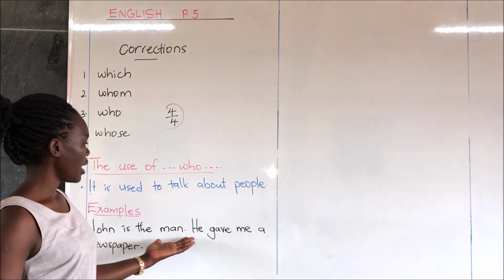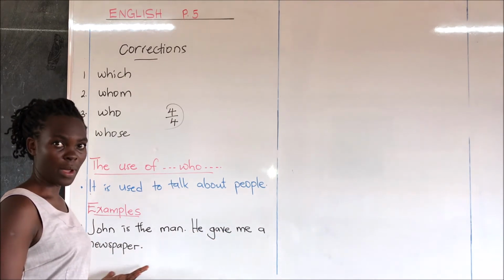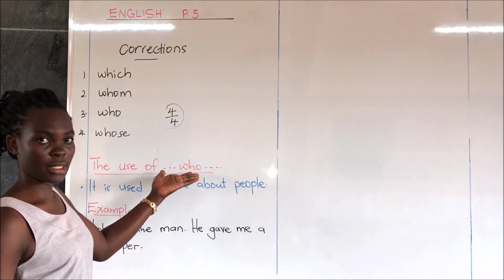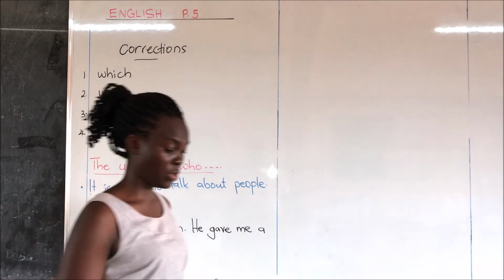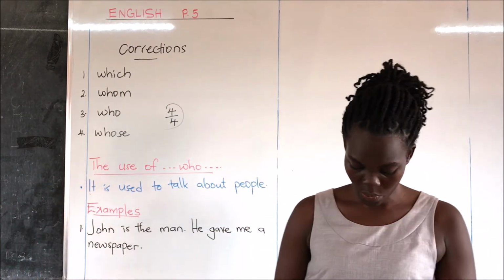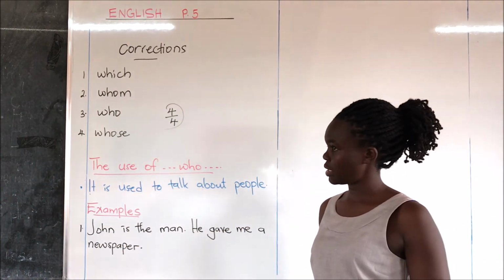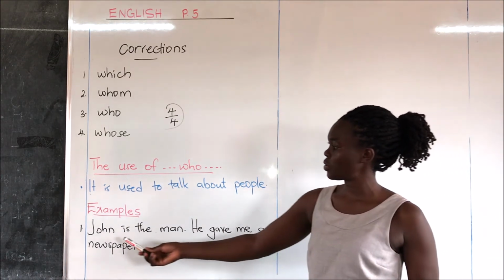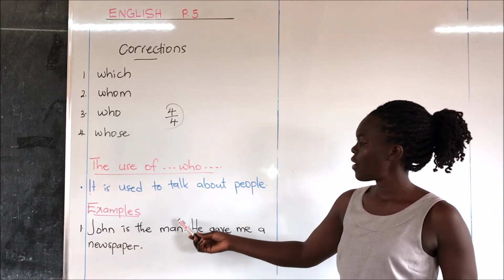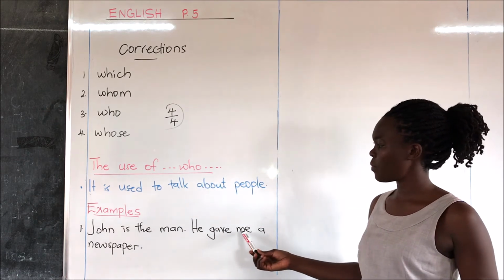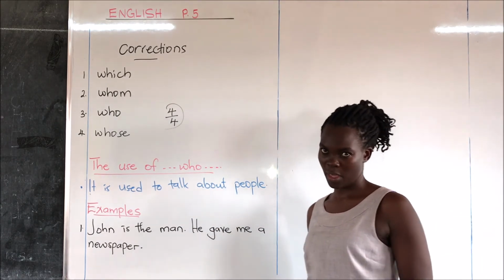John is the man, he gave me a newspaper. We need to use this. John is a person, so we can use that relative pronoun who to join these two sentences. What is the answer going to be? It is going to be, John is the man who gave me a newspaper.